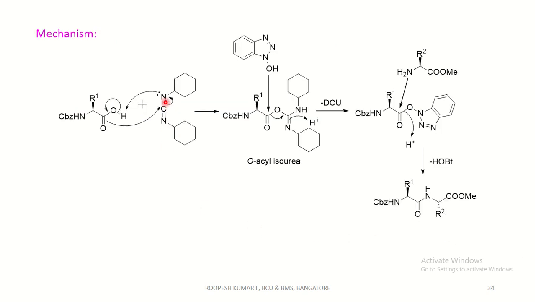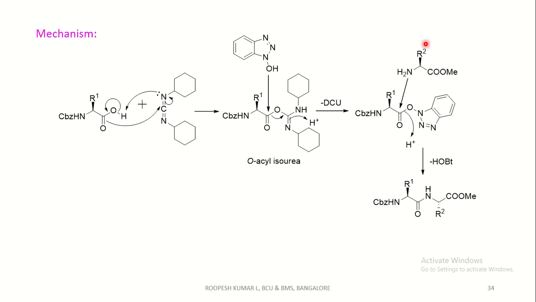Coming to the mechanism, as I said before, in the DCC method, the lone pair takes this acidic hydrogen, the bond shifts to form a C double bond O, and this bond comes and attacks the carbon, and the electron moves to nitrogen to form an O-acyl isourea. Here the lone pair on oxygen of benzotriazole attacks the carbonyl carbon to form a benzotriazole-derived amino acid.